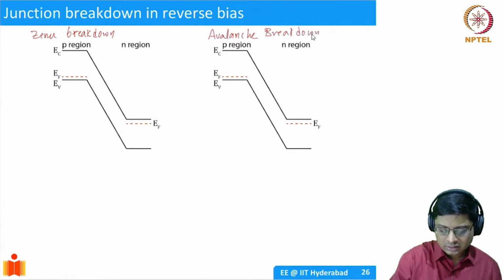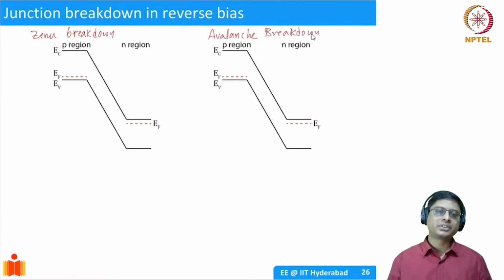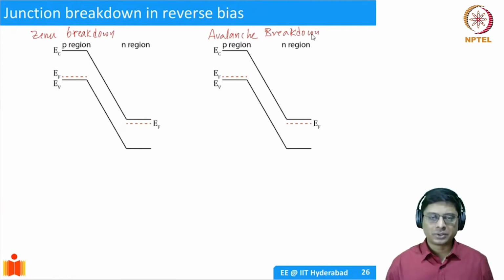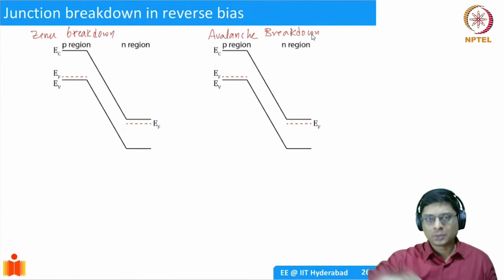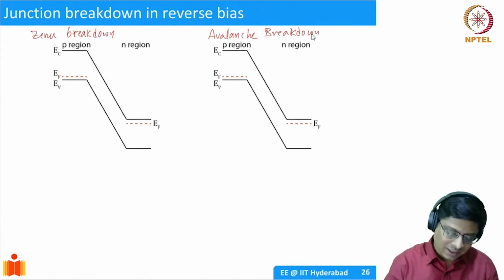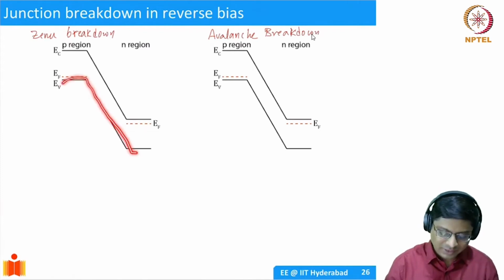In a Zener process, if you increase your depletion width, or apply more and more reverse bias voltage, your bands are going to become steep because you have larger and larger electric field. There is more charge uncovered, so a larger peak electric field and more band bending. This is a schematic illustration of how the bands could bend.